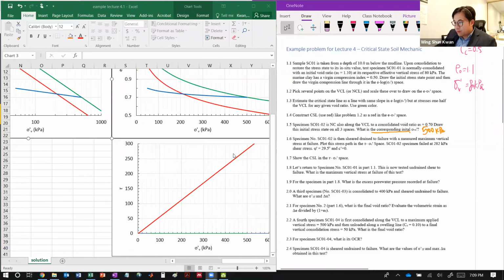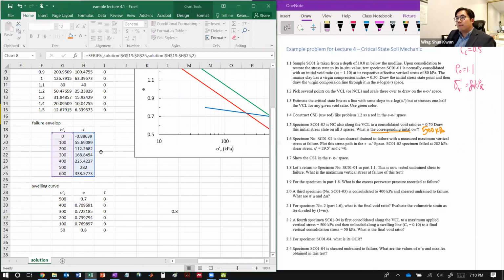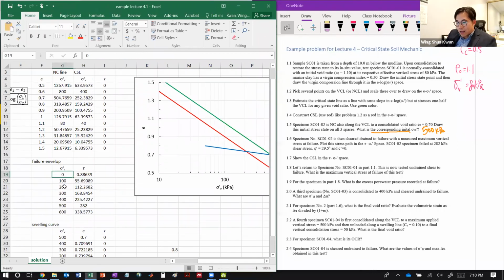Okay, so pretty much this is the critical state line. It tells you it has a friction angle of 29.5 and a cohesion of 0. So this is the critical state line, and when I construct this critical state line, all I need is the slope. So I discretize the vertical stress space. This is kind of like the x-axis.